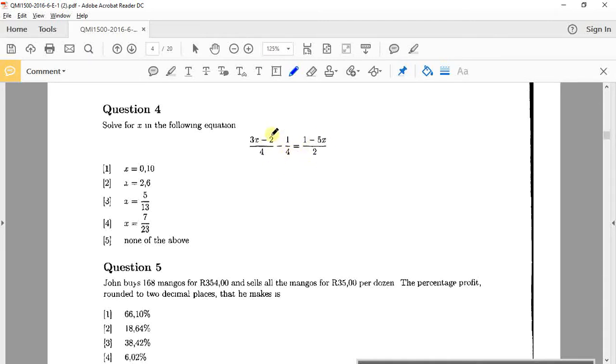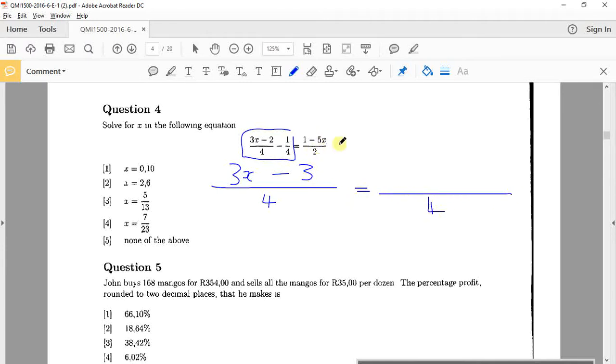What do I need to do? I need to simplify that first. So it's all over 4, so that's simple. 3x minus 2 minus 1 is minus 3 equals, how do I convert a 2 to a 4? Times it by 2. So times that by 2, times that by 2. Does that make sense? Yes. So that means the denominator is the same here, the denominator is the same there. That can go. So the numerator must be the same as the numerator.